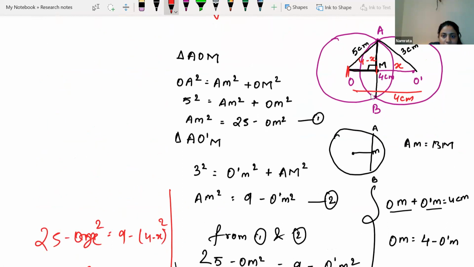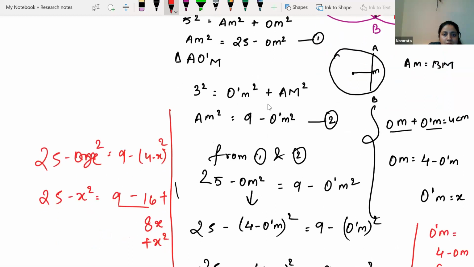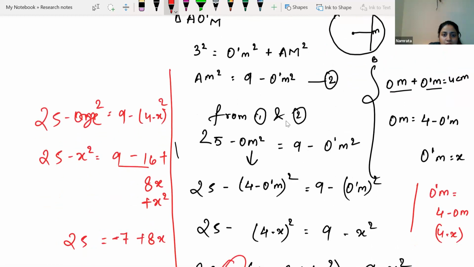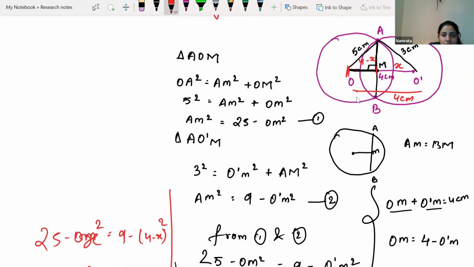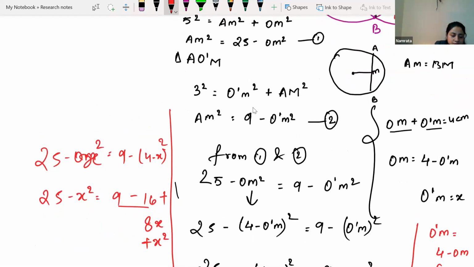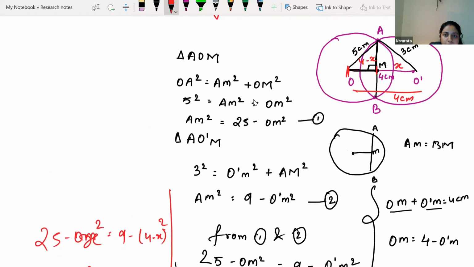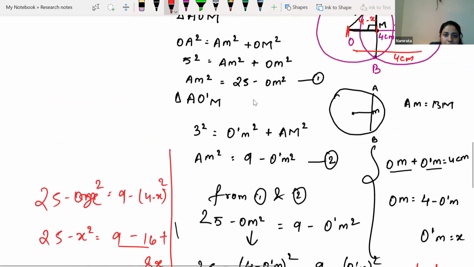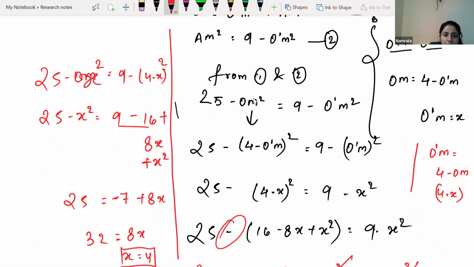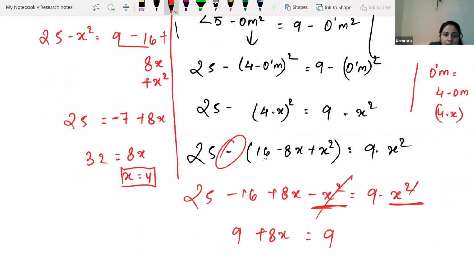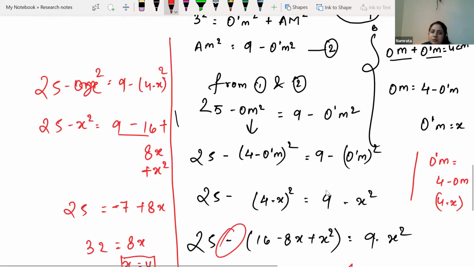AOM, hypotenuse square is equals to AM square plus... yeah, this way also we must get it.